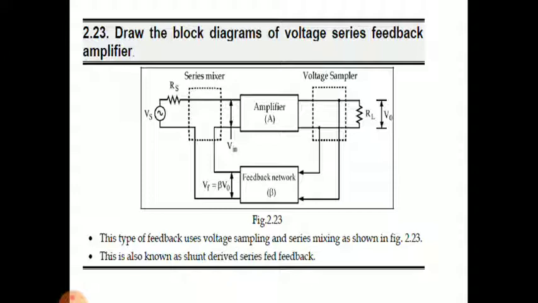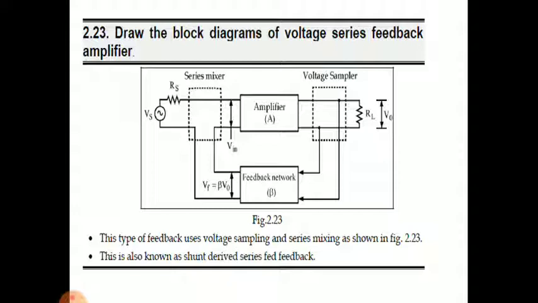Depending on these two different parameters, we have four types of feedback amplifiers: voltage series, voltage shunt, current series and current shunt.